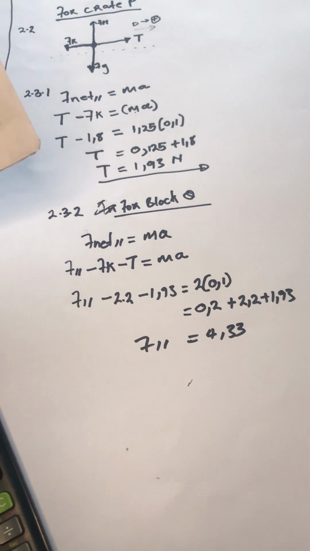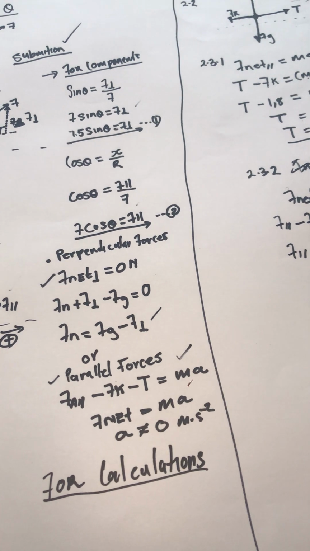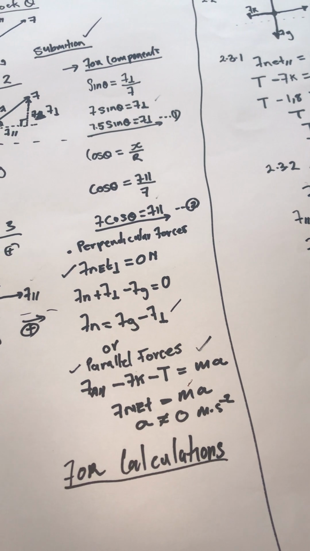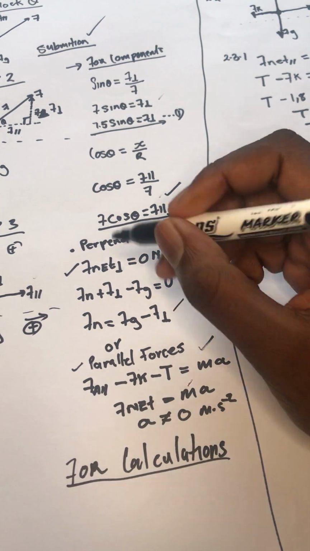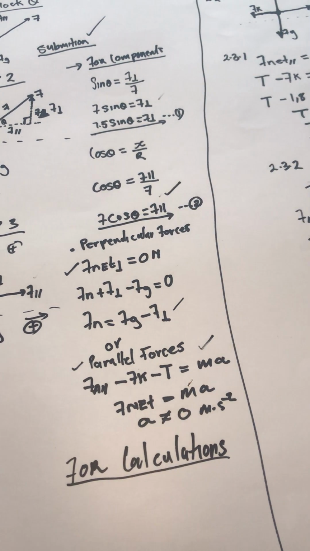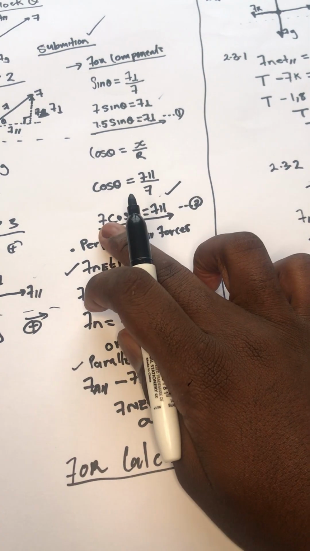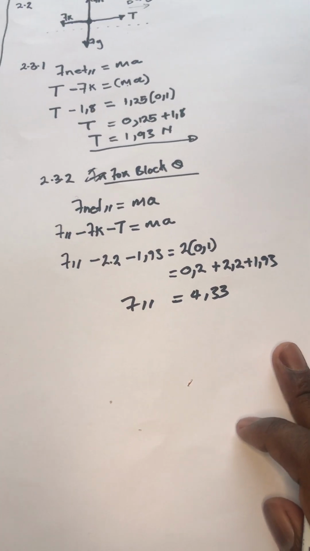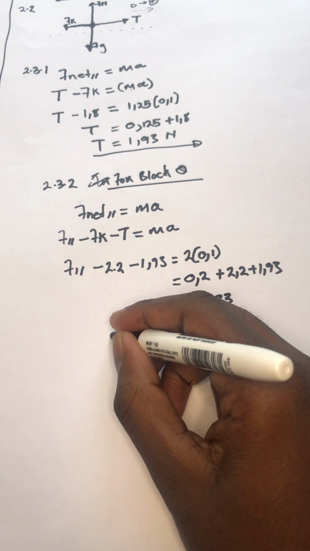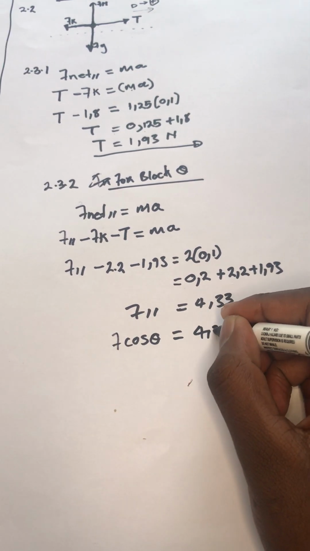Now we have already resolved F parallel. That is why I like to do it this way, because we have the value of F parallel. F parallel is equal to F cos theta. So F cos theta is equal to 4.33. What is force F?